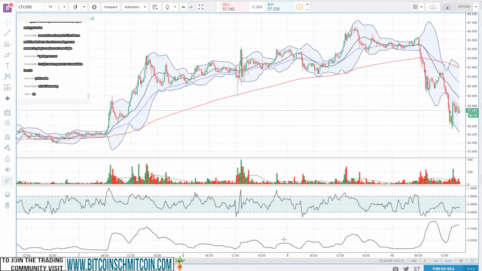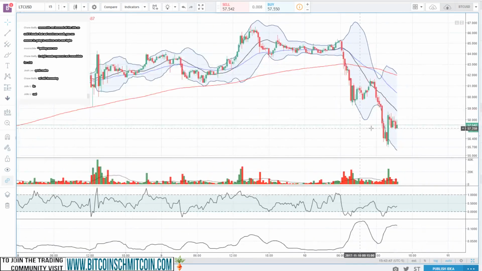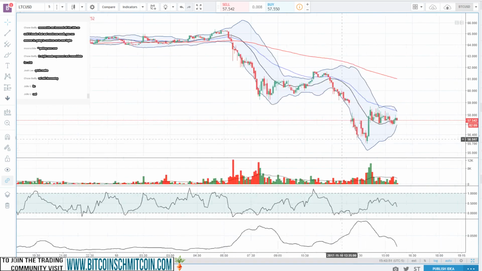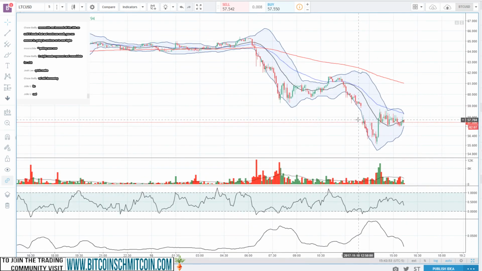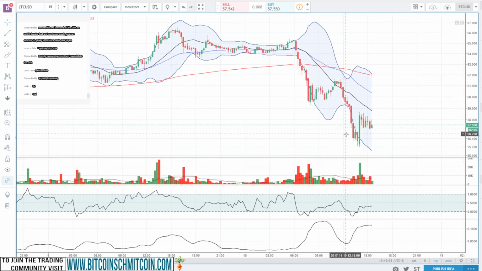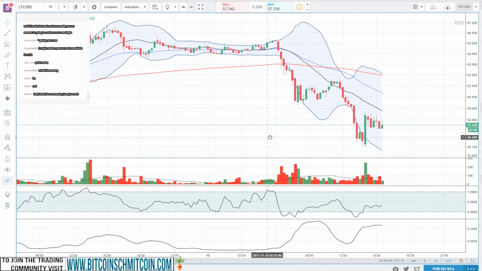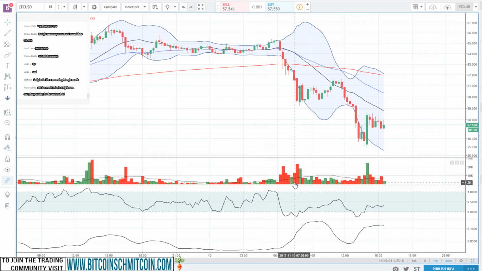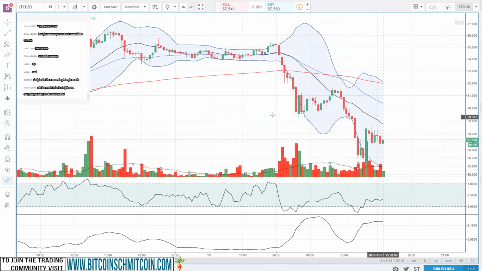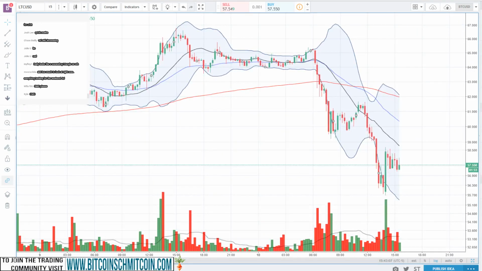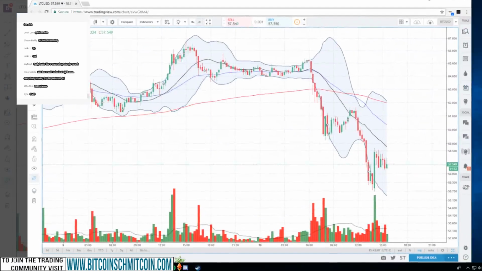Litecoin? Okay. Litecoin's doing the same thing. We're seeing, damn, another gap. Litecoin's making a bear flag. Same thing.